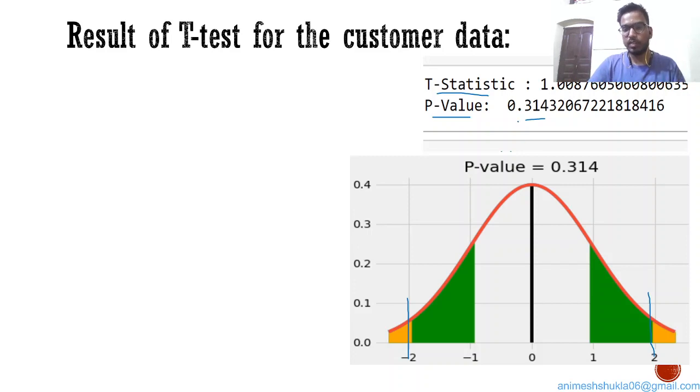So over here, we can simply say that the p-value 0.314 is greater than 0.05. Hence this green region basically denotes the region of this p-value, and since it is lying in the non-rejection region, we need to accept the null over here.